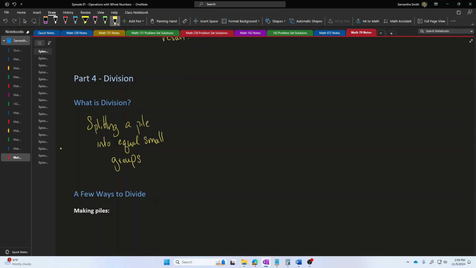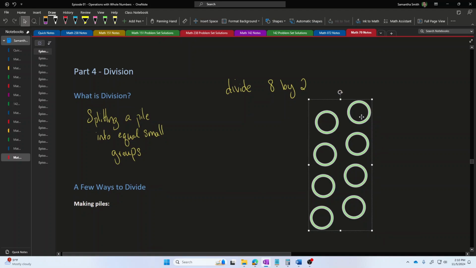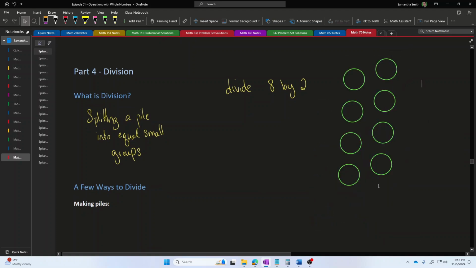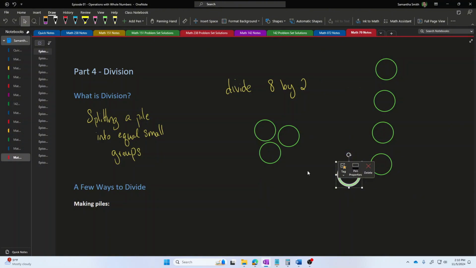For example, if someone says divide 8 by 2, what they're asking me to do is to start with a pile of 8 objects. And now that I have that pile of 8 objects, I'm going to evenly divide these 8 objects into 2 piles of equal size.